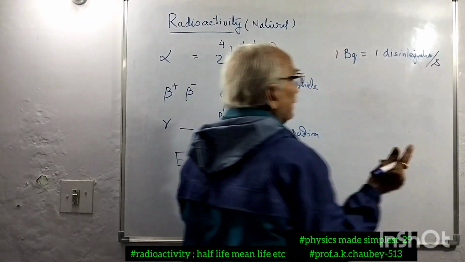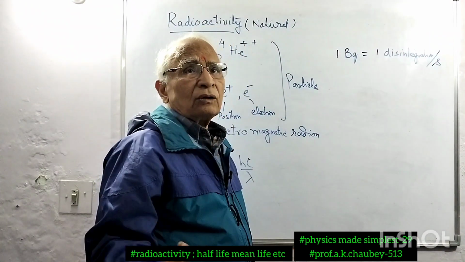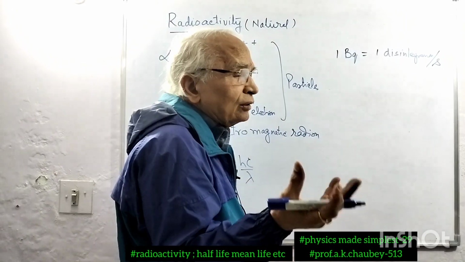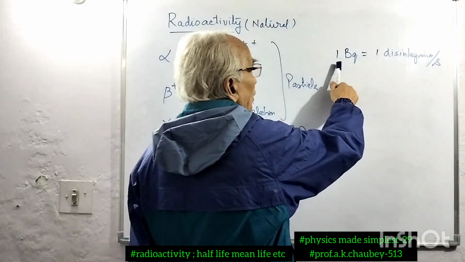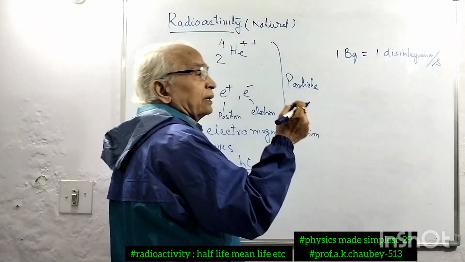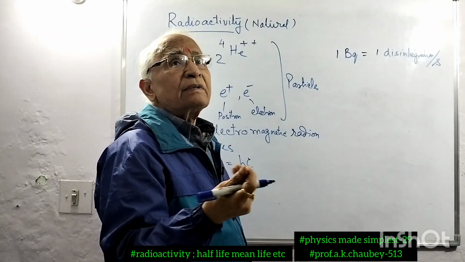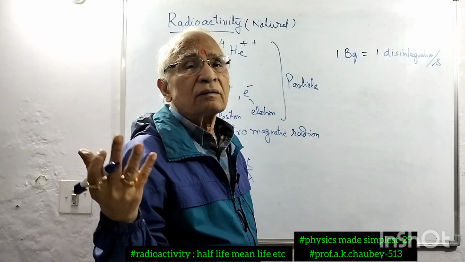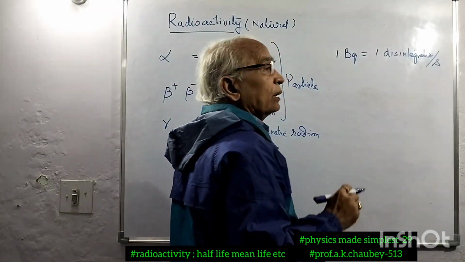In 1 second, if one nucleus disintegrates, decays to another, that activity of that matter is called 1 becquerel. Activity means disintegration rate. So 1 disintegration per second is called 1 becquerel.